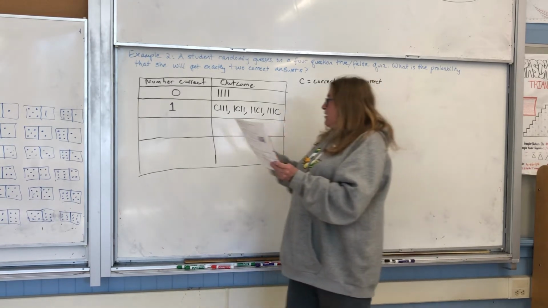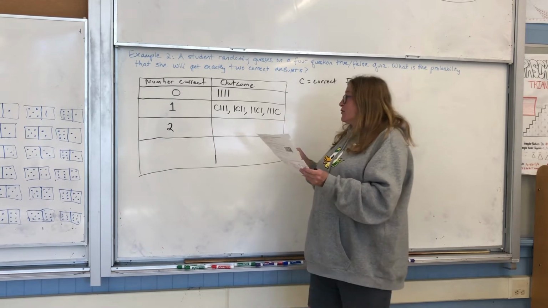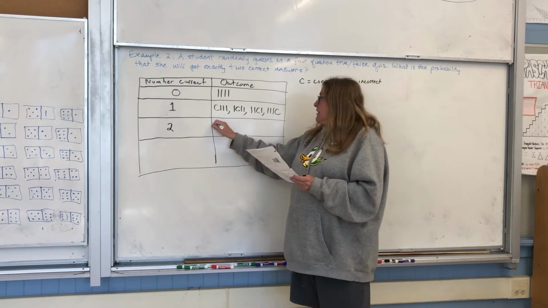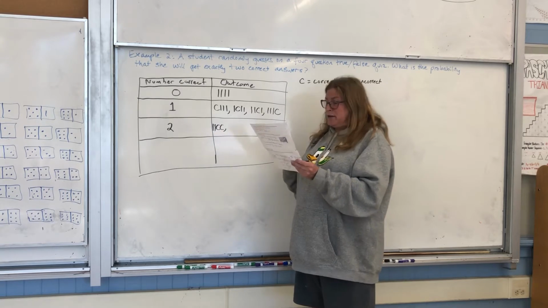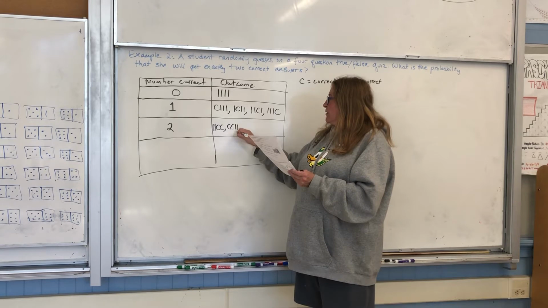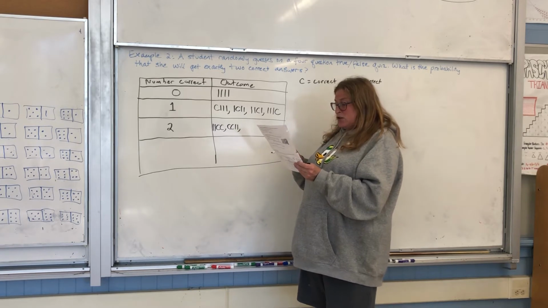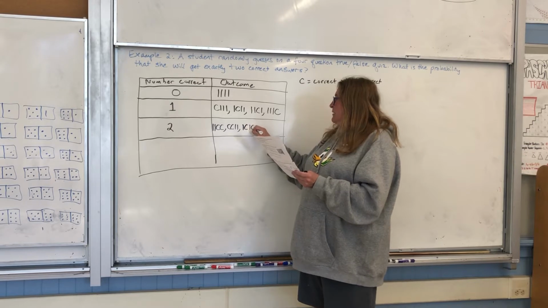Okay, let's talk about when she gets 2 right. Well, if she gets 2 right, that's a little more complicated. Because she could get the first 2 wrong and the second 2 right. She could get the first 2 right and the second 2 wrong. Right? She could get the second and the fourth right.